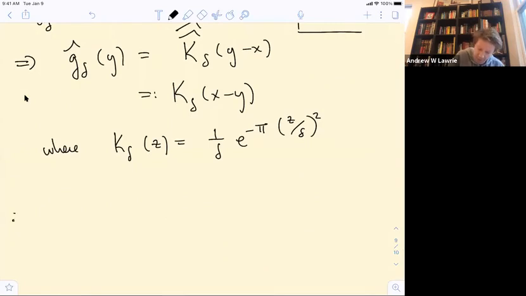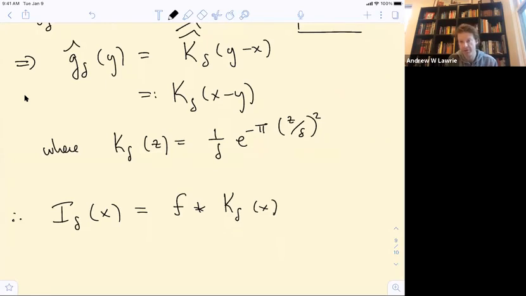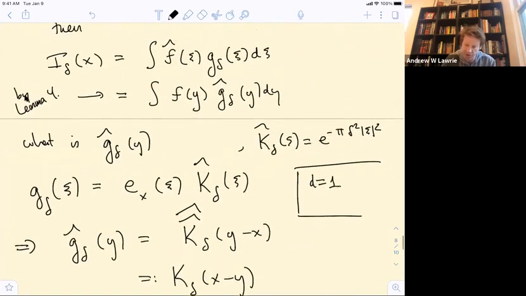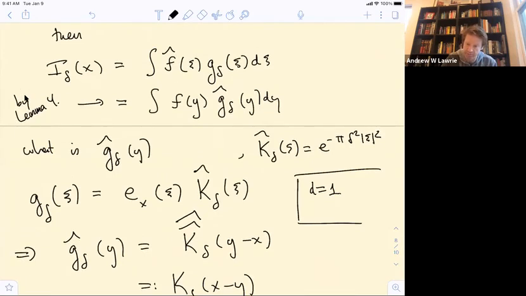So therefore, I have written I delta of x as f convolved with k delta. So I rewrote this I delta as a convolution. This is just a little trickery using the identities we proved about the Fourier transform.